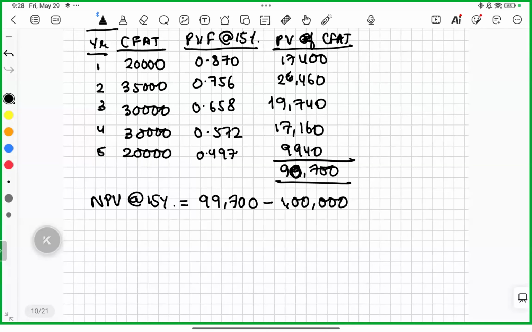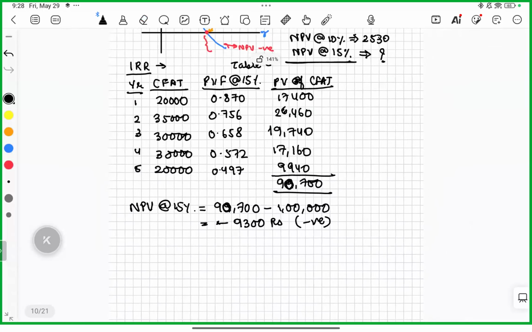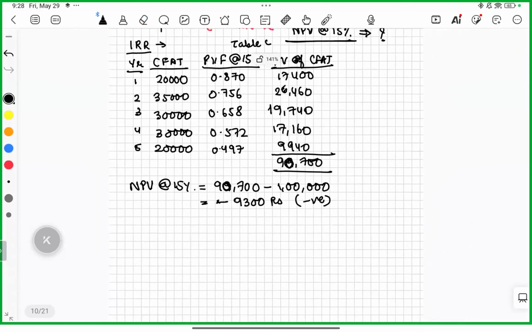Yes, 90,700 minus 1 lakh. So answer is minus 9300 rupees. So you see NPV is negative. Okay, so now you have got one positive NPV and one negative NPV.